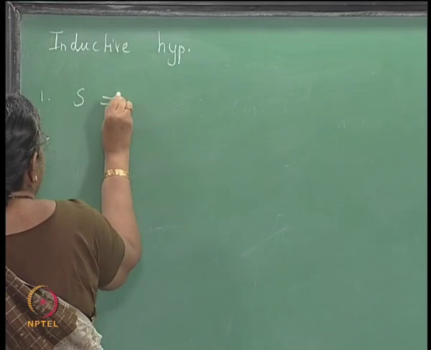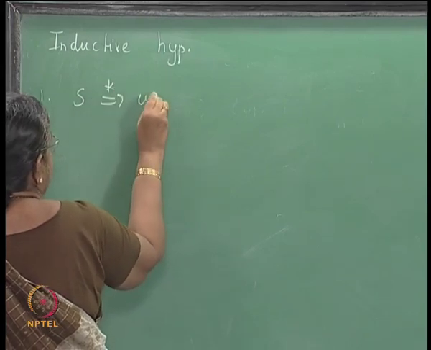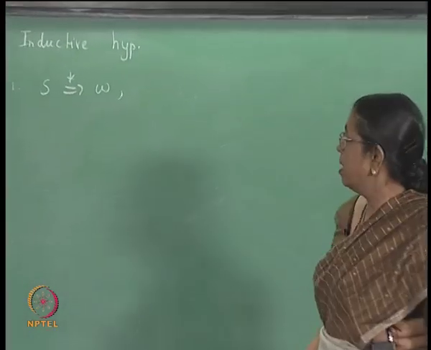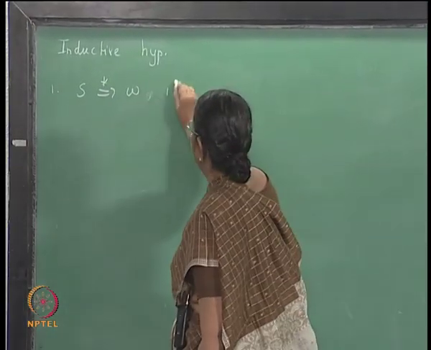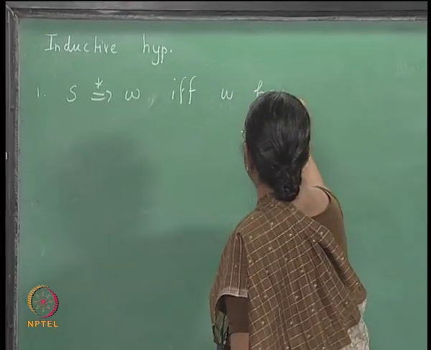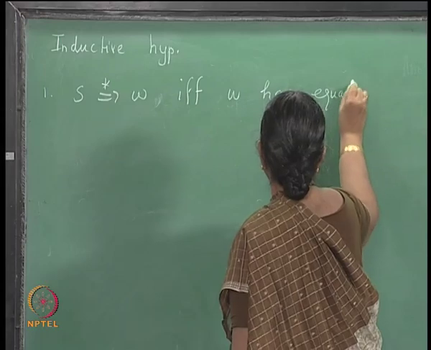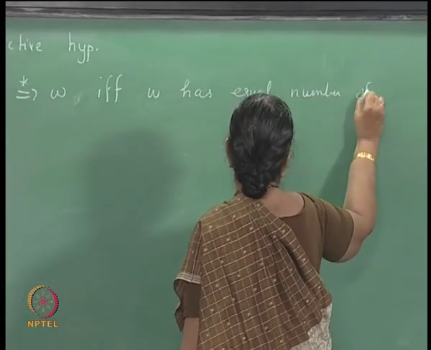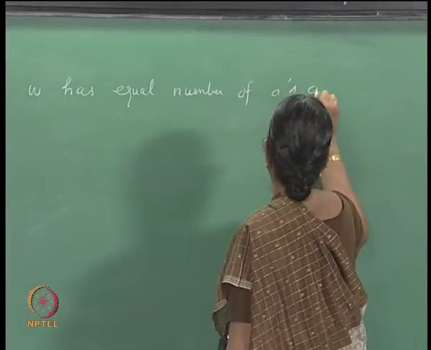If a string is derivable from S in this grammar, if and only if W has equal number of A's and B's.